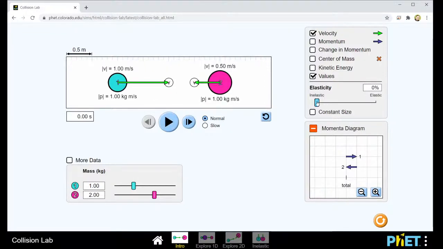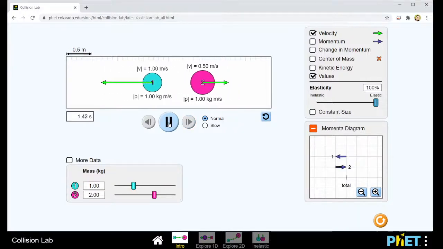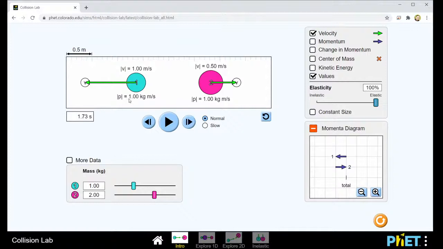I want to show you that even if I change this to an elastic collision, this principle of conservation holds. Watch this. They're not going to stick together, which means they don't come to rest after the collision. But what we should see is the total momentum is still 0. It is.